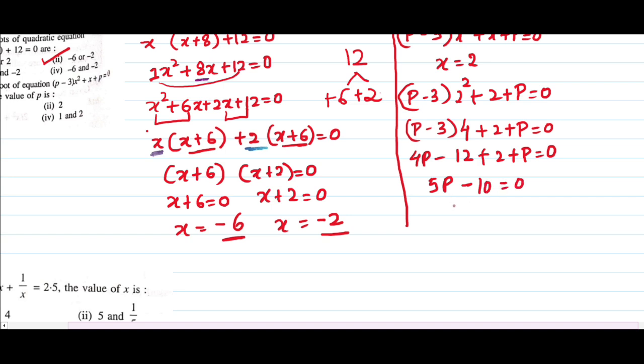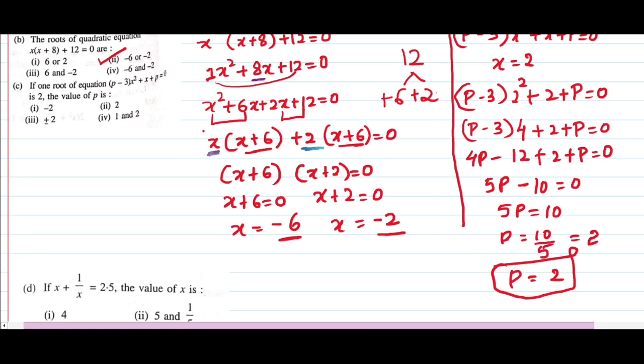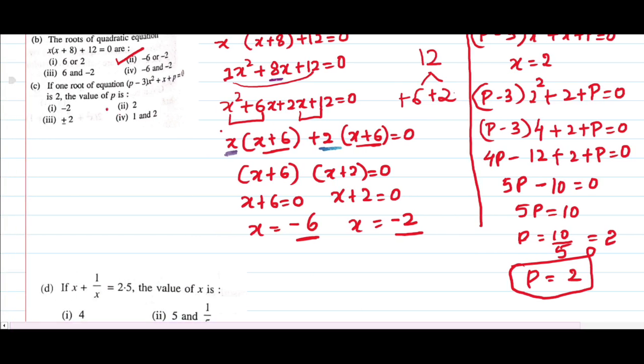So 5p is equal to 10, p is equal to 10 divided by 5, that is equal to 2. So p is equal to 2, hence option 2 is correct.